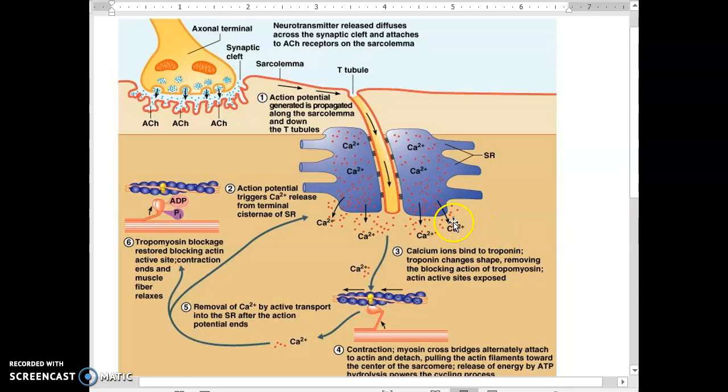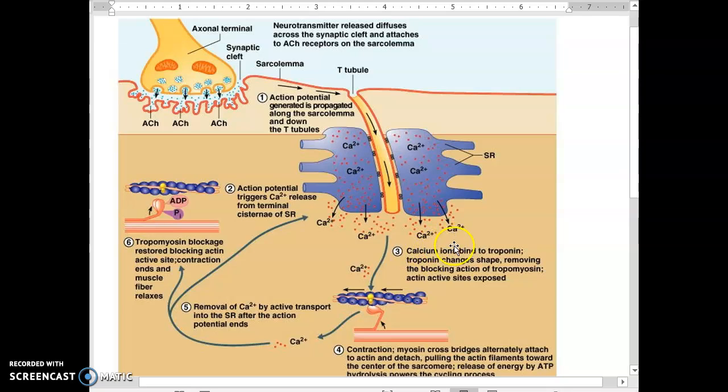That calcium will go over to the molecules that are on the actin and myosin. A quick reminder, the fibers found inside muscle cells are called actin, those are the thin ones, and myosin, those are the thick ones, and they're right next to each other. You can check that out another time.